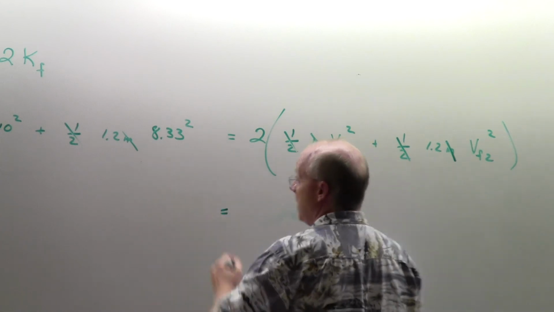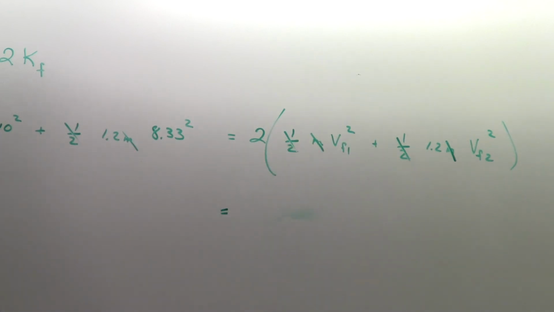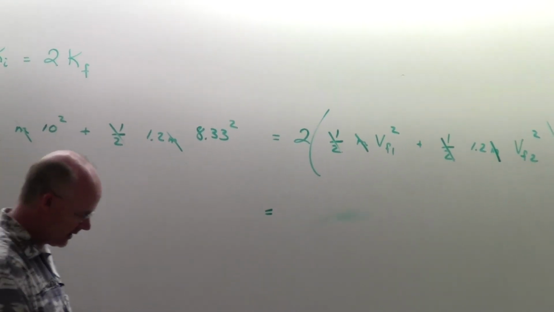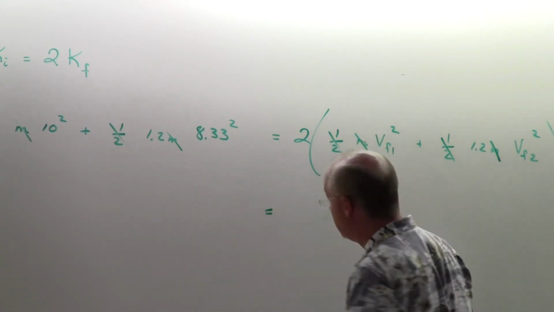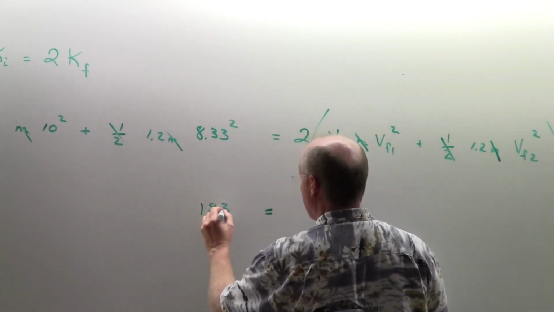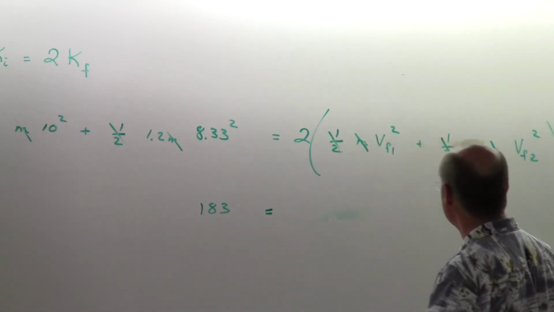So this side of the equation, if I grab my calculator here, would be, let's see what's left over here. That's 10 squared, that's 100. Add to it 1.2 times 8.33 squared equals, and at this point I have 183 on that side of the equation.